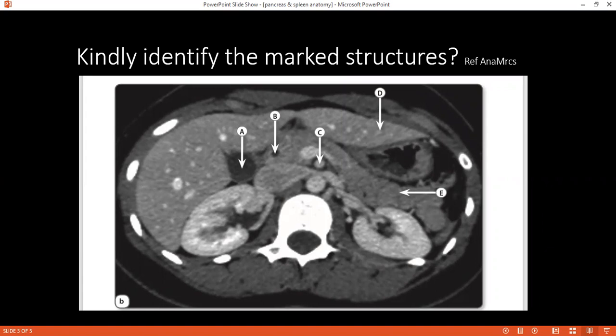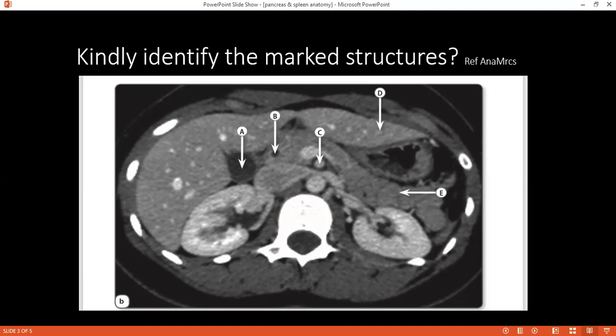Can you name the sources which give the blood supply to the pancreas? Yeah, the blood supply of the pancreas: superior pancreaticoduodenal artery from the gastroduodenal artery, and the inferior pancreaticoduodenal artery from the superior mesenteric artery, and pancreatic branches from the splenic artery.